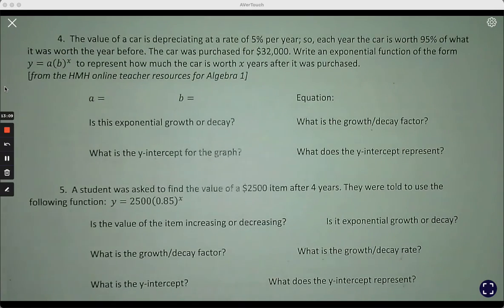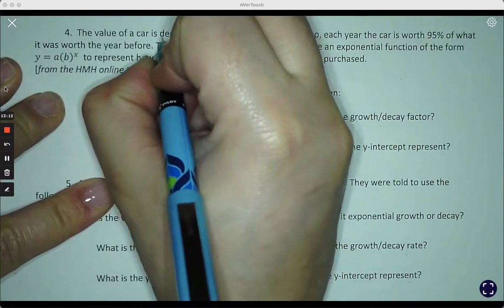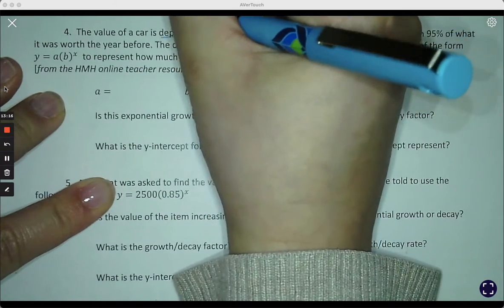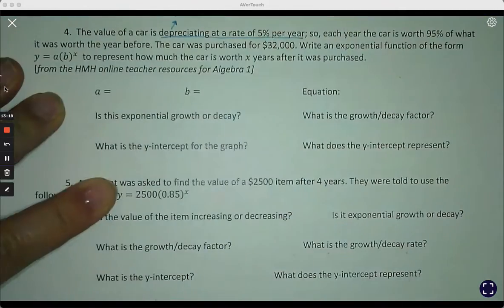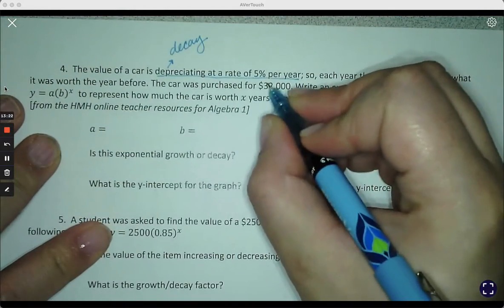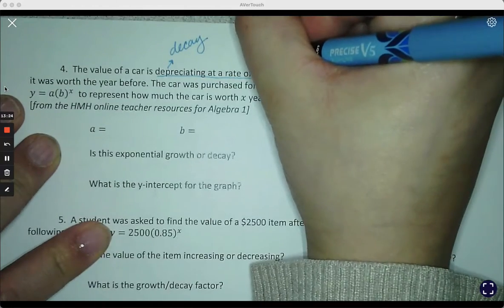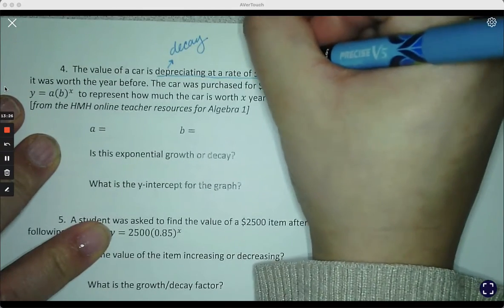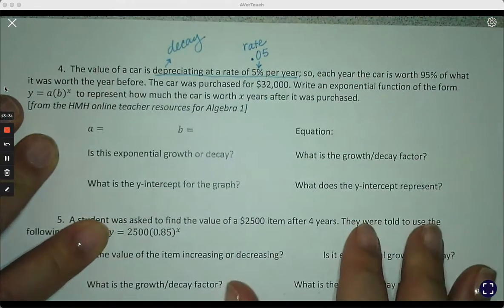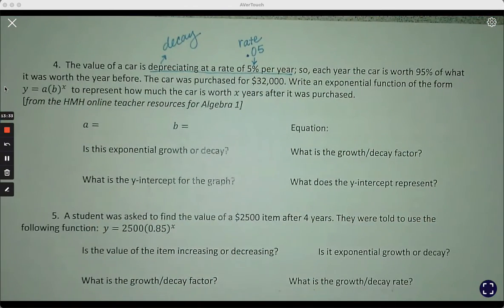Okay, whenever we see a percentage, that's going to be our B value. Depreciate means decay. Okay, so we're decaying at a rate of 5%, also known as 0.05. So that's our rate. Okay, that isn't our B value.